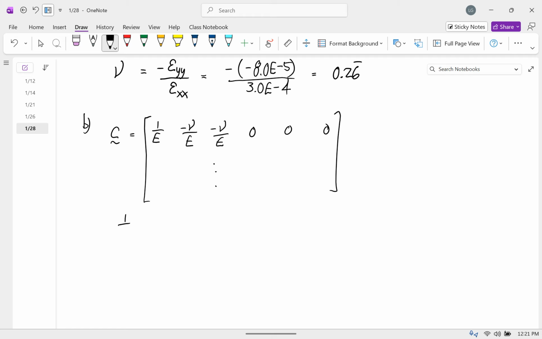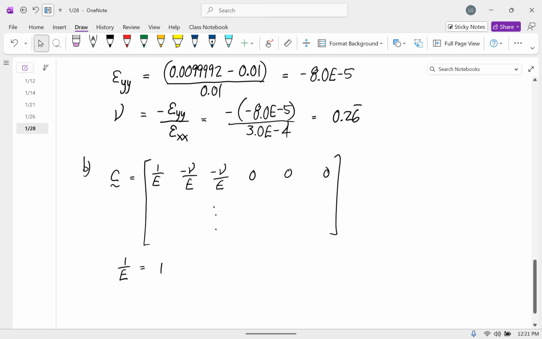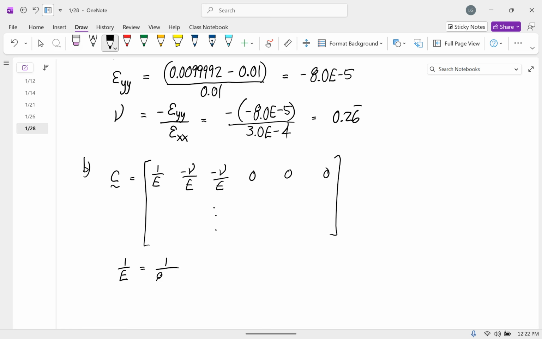The first one is 1 over E. And 1 over E is 1 divided by 83.3 times 10 to the 9. I'm going to do this all in SI units. You get 1.2 times 10 to the negative 11, and this is 1 over pascals.